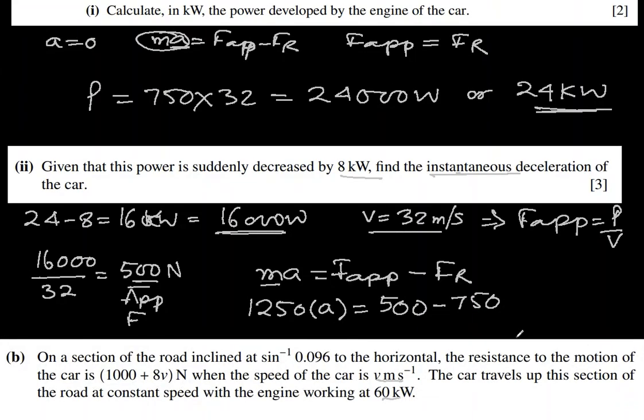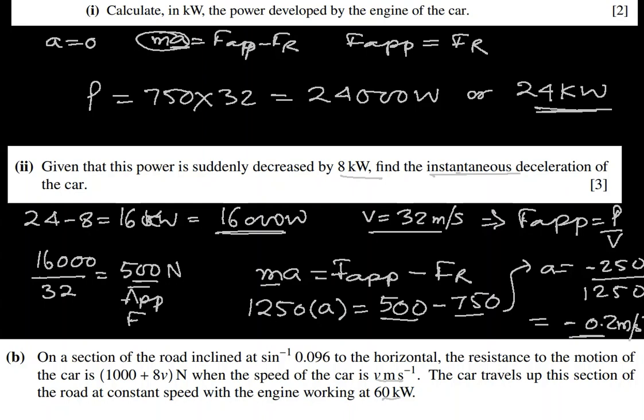So let's finish this here. Acceleration will be 500 minus 750, which is minus 250, divided by 1250. So that comes out to be negative 0.2 meters per second squared. That's the momentary instantaneous deceleration.